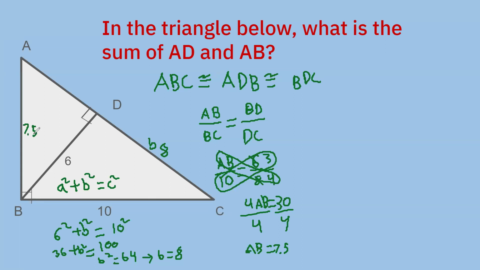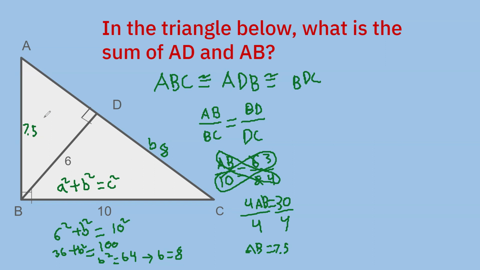Okay, so now notice that in this one, it's the hypotenuse, right? So now we can do a Pythagorean theorem again. It's a 3, 4, 5 right triangle, but it's kind of hard to see the values here, right? But we can do it. So the 6 is the 4 value, right?